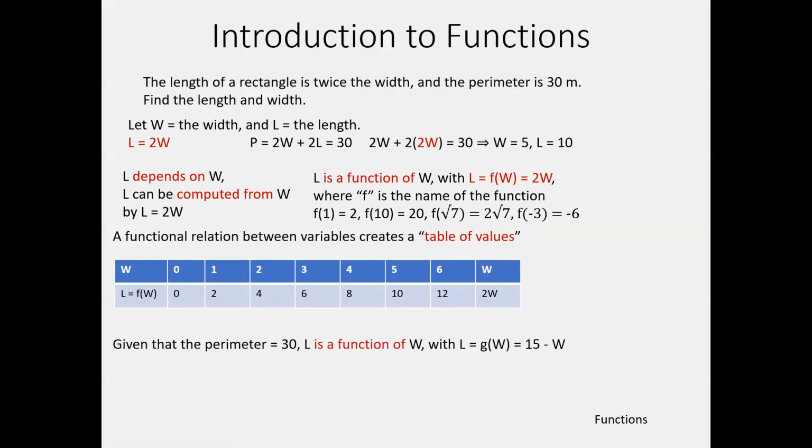The perimeter, also, is a function of W. This allowed us to do the substitution. I'm sorry, given that the perimeter is 30, the length is 15 minus W. If you look at this equation and solve it for L, you will get 15 minus W. So we have yet another function of W. I write this function with a different letter, G. The traditional letters that mathematicians use for functions are F, G, H, and their capital letters.